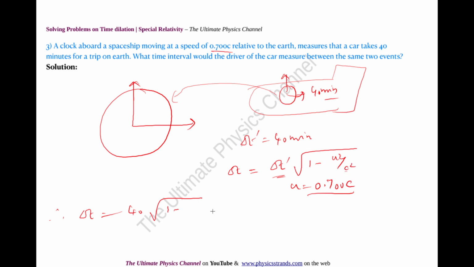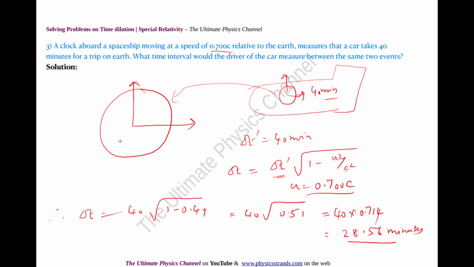You have 0.49, so that would be 40 into the square root of 0.51, which if we do, we get 40 into 0.714, that would be 28.56 minutes.